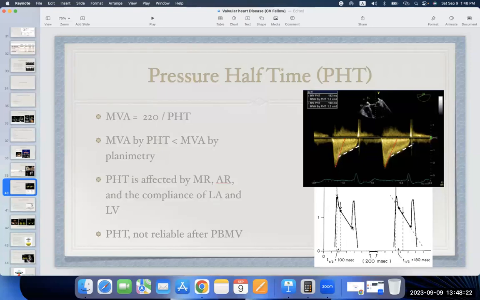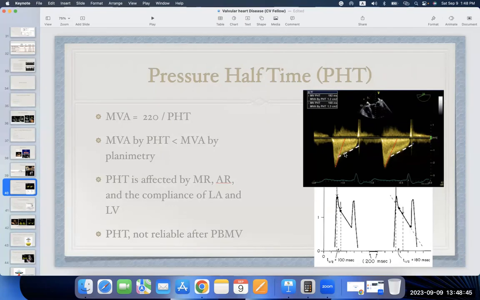So very important, if you have the bimodal, to measure this one, not this one. The red one is wrong. You should not put your trace on the steep line. You have to put it on the mid line, because otherwise this will overestimate the mitral valve area. So it's very important not to overestimate the mitral valve area.